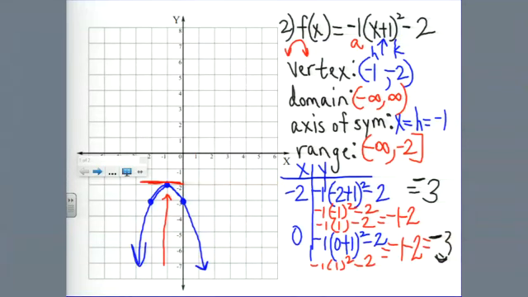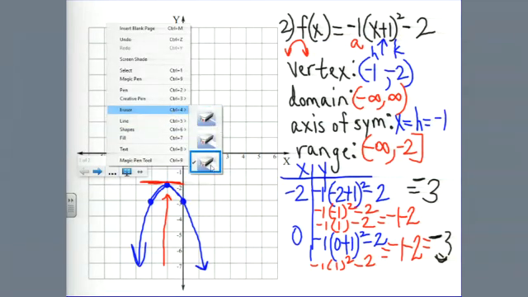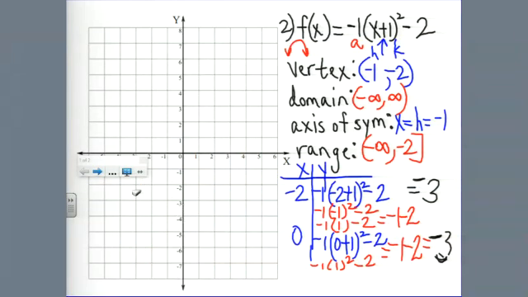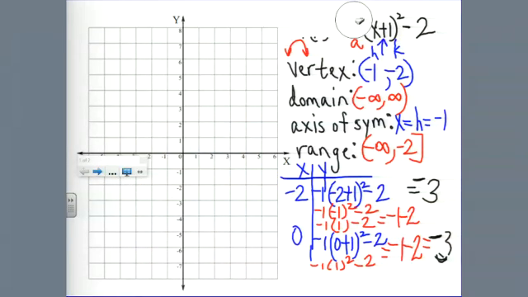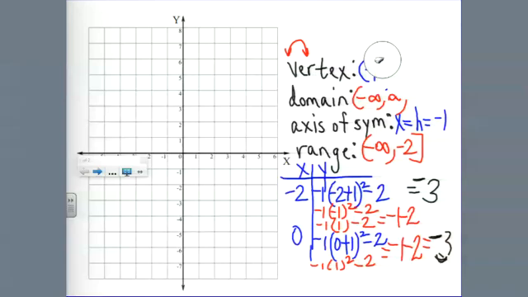Let's look at one more example in which you have to graph a quadratic function and find all of its characteristics. So y'all give me just a second.